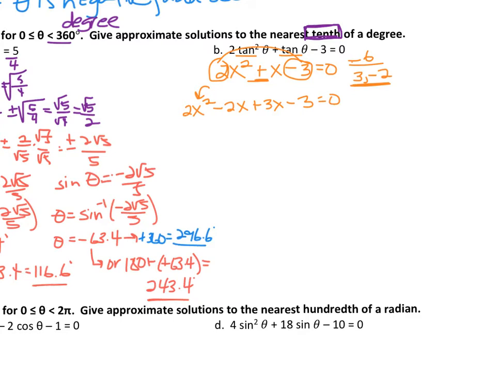From here, go ahead and group the first 2 and the last 2 terms. In that first parenthesis, we have 2x squared minus 2x. We can factor both a 2 and an x out of both of those terms, and that would leave us with x minus 1. If we do the same thing with 3x minus 3, factor out something they both have in common, we can only take out a 3.